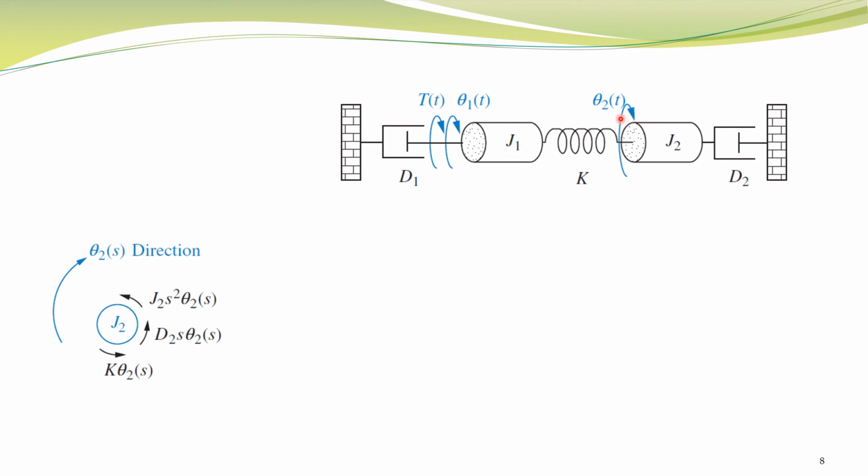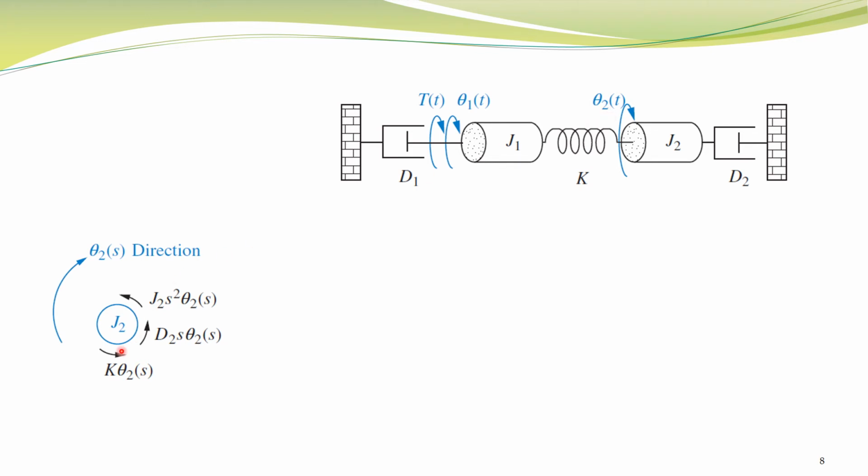So when this object rotates in clockwise direction, this spring will resist this angular displacement, that is, it will exert a torque in the opposite direction, and the magnitude of that torque will be proportional to the angular displacement.